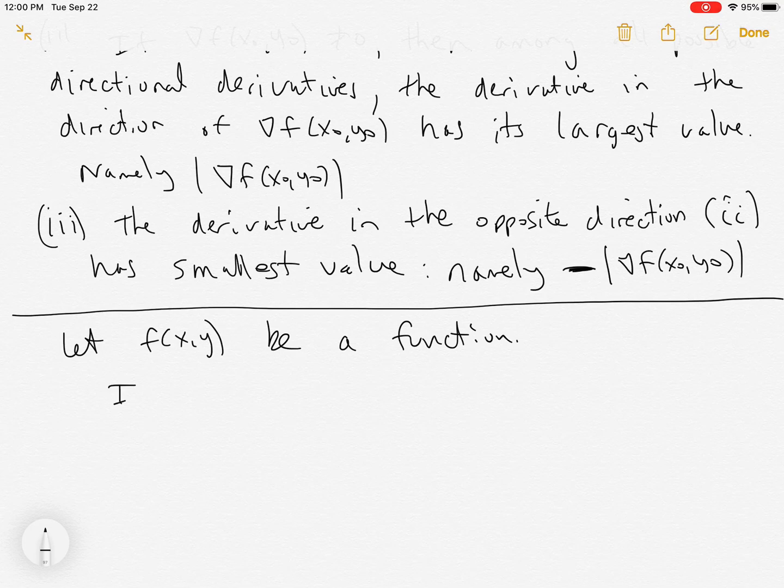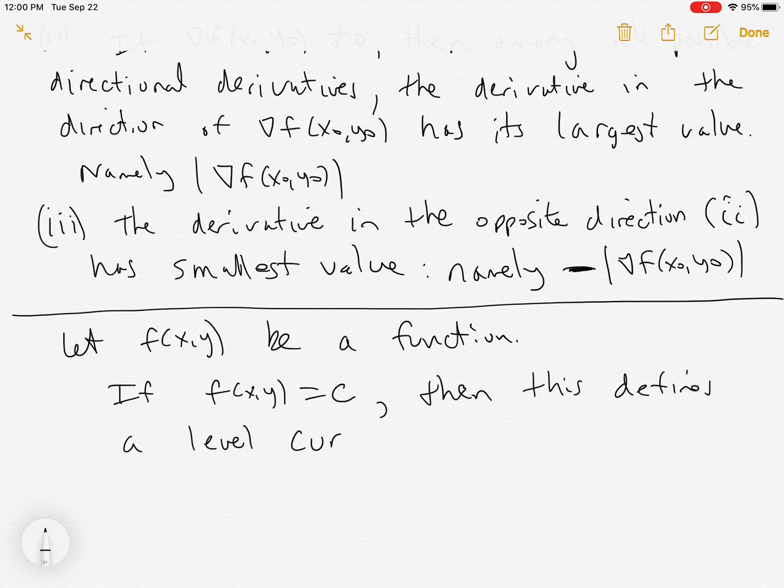If f of x, y equals a constant, then this defines a level curve of the surface.